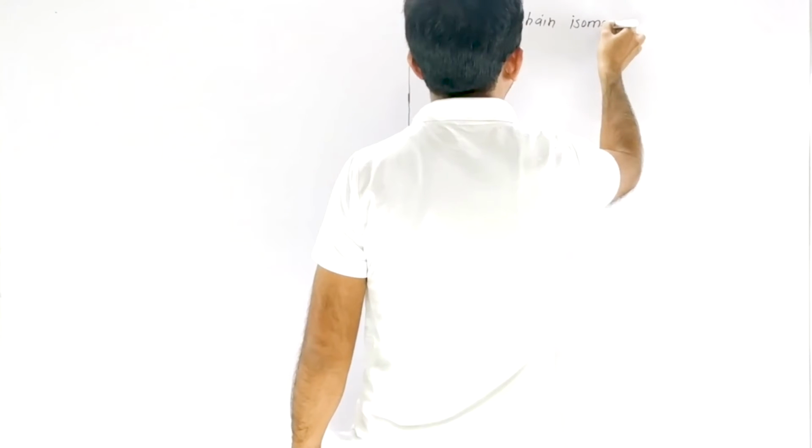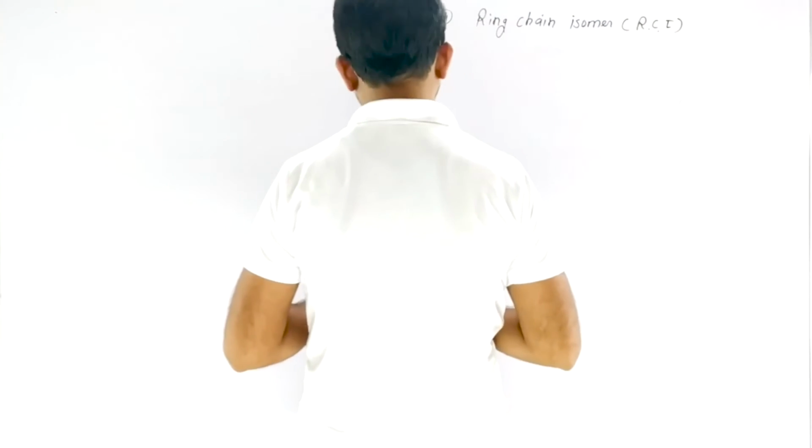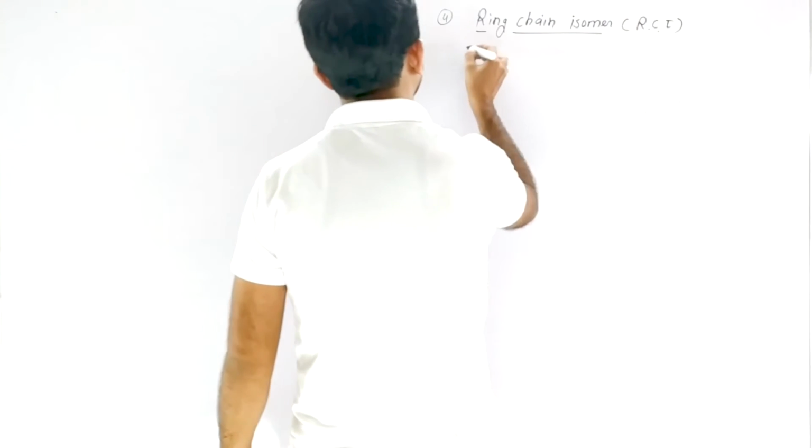ring chain isomerism, and in short form we also write RCI for ring chain isomer. So first, what is a ring chain isomer or RCI?